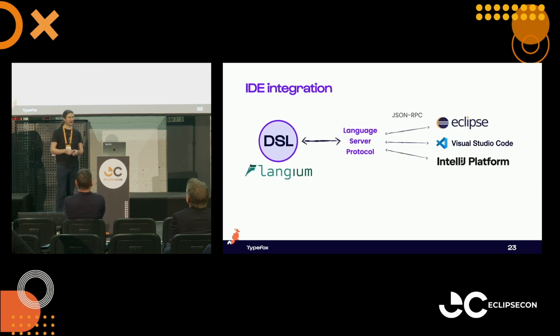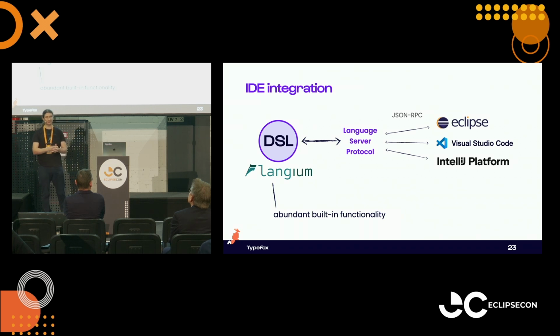For the IDE integration, I already mentioned the language server protocol, which can connect your language to multiple IDEs. The underlying protocol is JSON RPC, obviously a JSON-based protocol, which is, by the way, very flexible and can also be used for many other things. It's really nice. And what you get with frameworks like Langium is abundant built-in functionality.